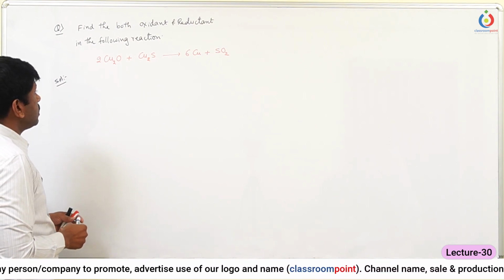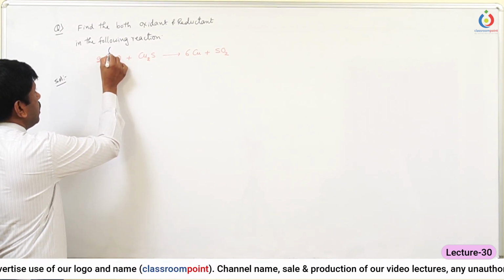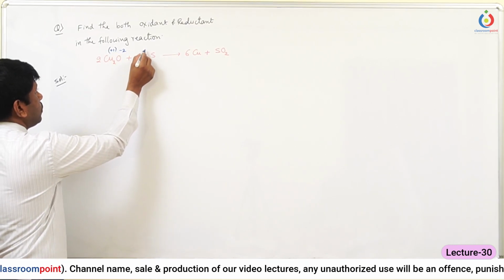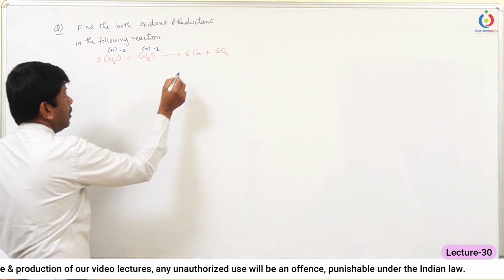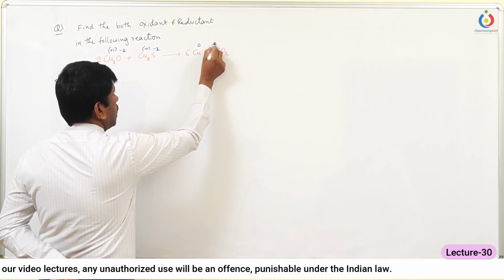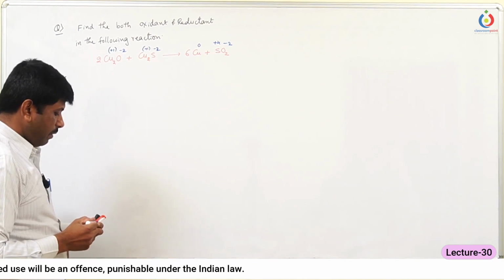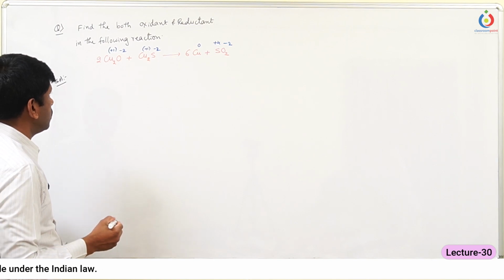And now in this case, let us find out the oxidation state of every element here. Copper oxidation state is +1, oxygen -2. Here copper +1, sulfur -2. Copper is 0, sulfur +4, oxygen -2. Then which elements get oxidized and which get reduced?